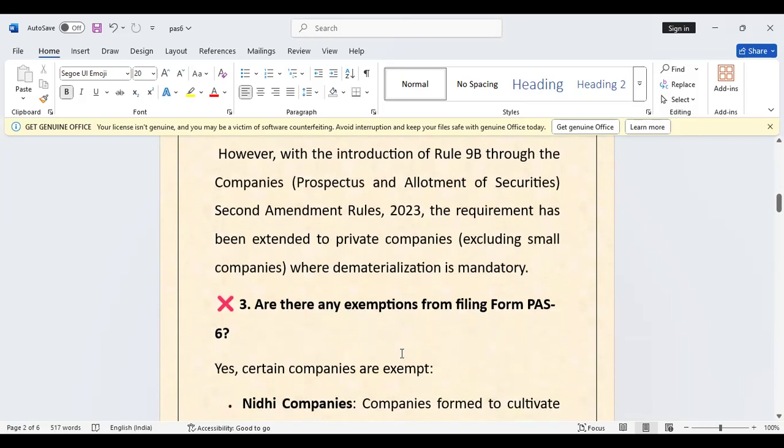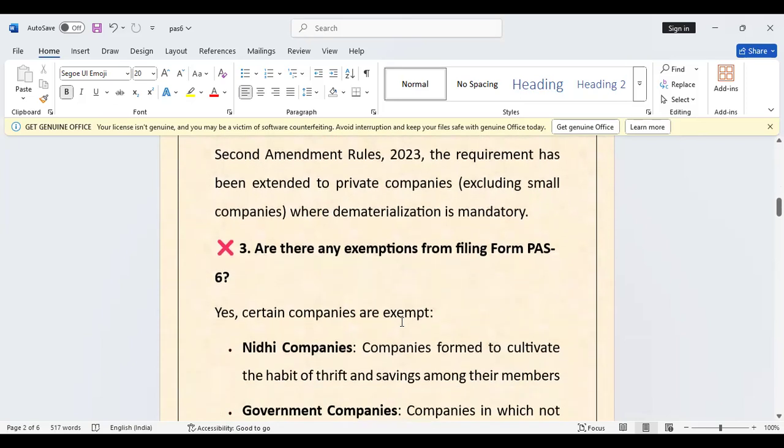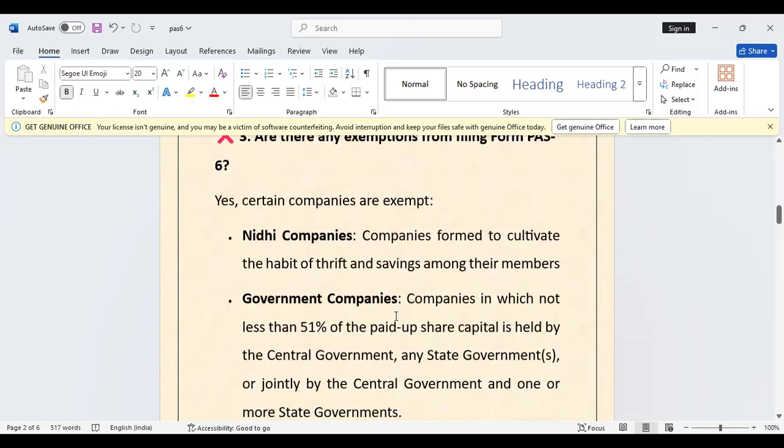Are there any exemptions for filing of PAS-6? Yes, there are certain exemptions. Nidhi companies are not required to file PAS-6. Government companies are not required to file PAS-6. So, what is a Nidhi company? Companies formed to cultivate the habit of thrift and saving among their members. Government companies are companies where not less than 51% of paid-up capital is held by the central government, any state government, or jointly by the central government and one or more state governments.